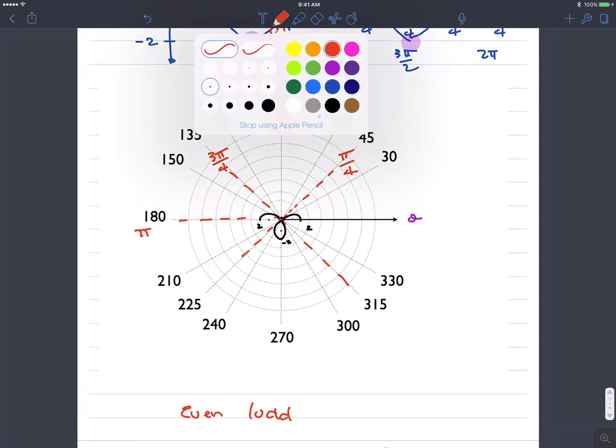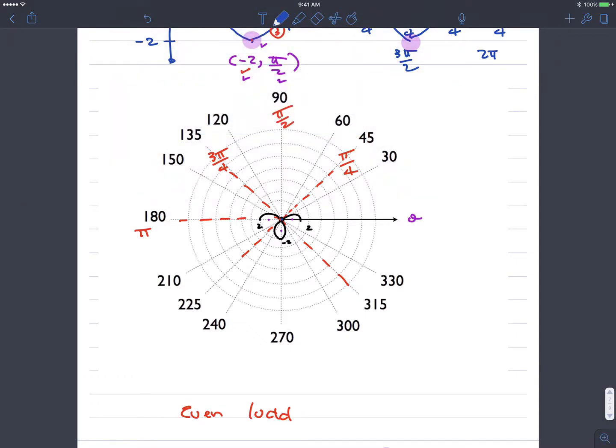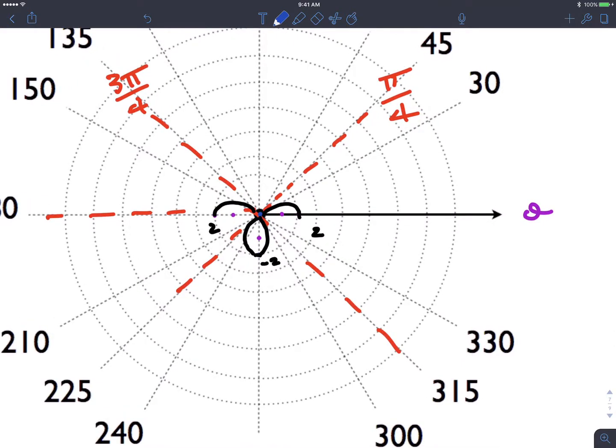Let's put this reflection here in blue. To be symmetric about the polar axis means anything above the pole here is reflected below, and anything below is reflected above. Is that true? Now, why is this a great benefit?